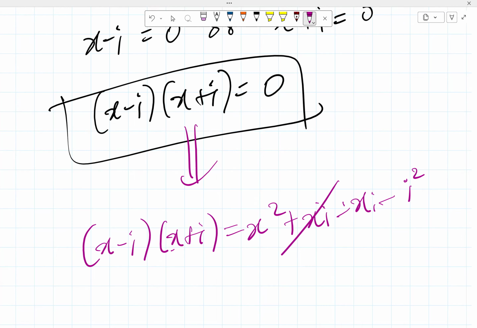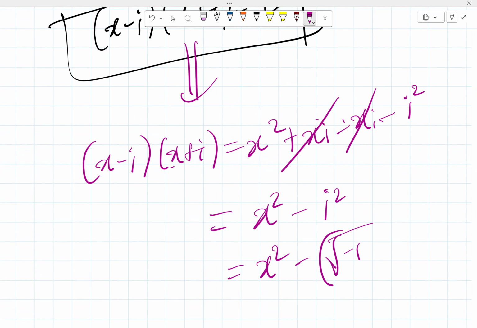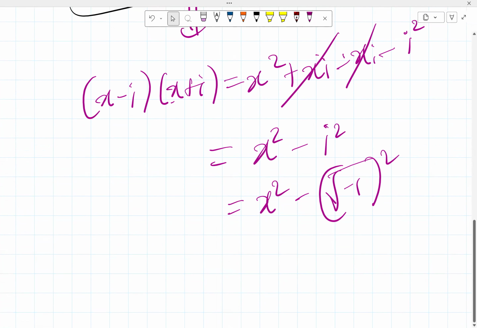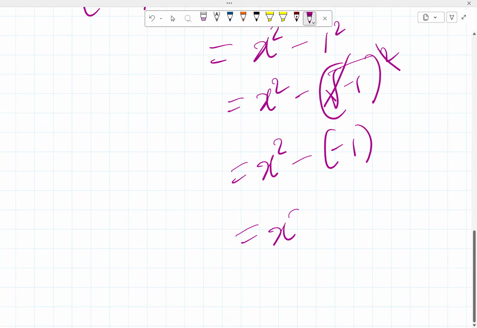So plus xi minus xi will cancel out, and you have x squared minus i squared. Don't forget, i squared is the same thing as the square root of minus 1, all squared, which is minus 1. So minus times minus 1, that means you have x squared plus 1.